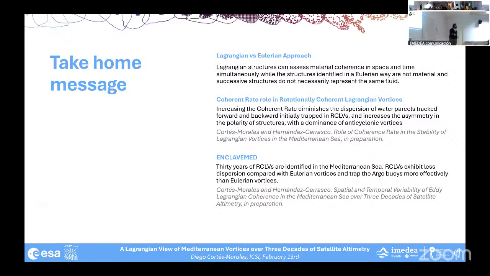I've seen that increasing this rate reduces the dispersion of the particles within the interior, both when we launch them backwards and forward in time, but also increases the asymmetry, with a dominance of anticyclonic vortices. Also, we have developed a 30-year atlas of Lagrangian coherent vortices in the Mediterranean Sea that identify regions less dispersive than the Eulerian vortex atlas, and can trap Argo floats, real platforms, more effectively than the Eulerian vortices.